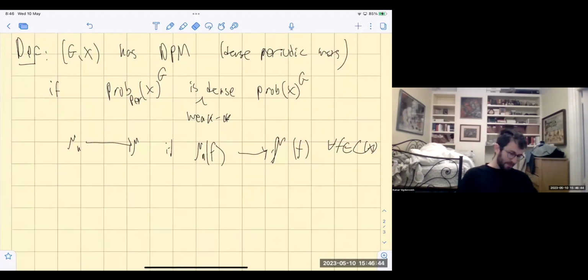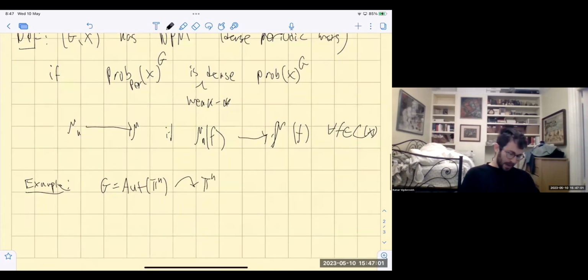Maybe let's give some examples. So let's take again the example of what I said before. G is the automorphism group of the torus, acting, of course, on the torus. We said this is R^n mod Z^n, and some of you probably know that the group of automorphisms of the torus is exactly GL_n(Z).